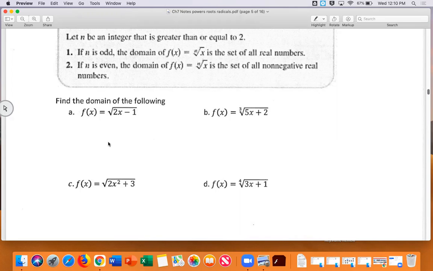The domain of a square root function on a coordinate plane is all numbers greater than or equal to 0. And let me show that to you.